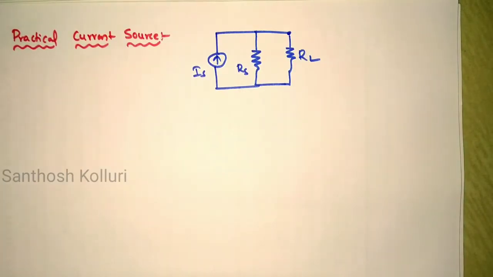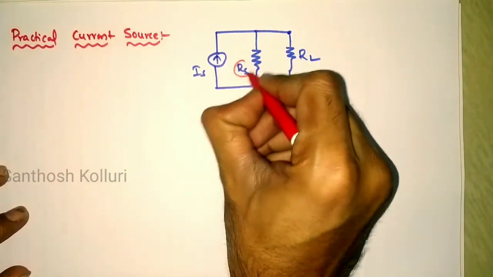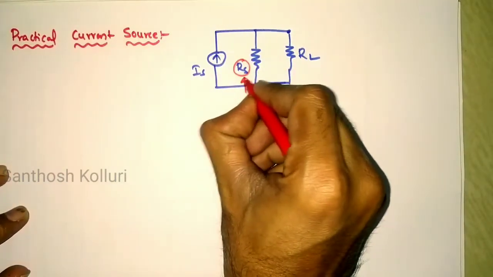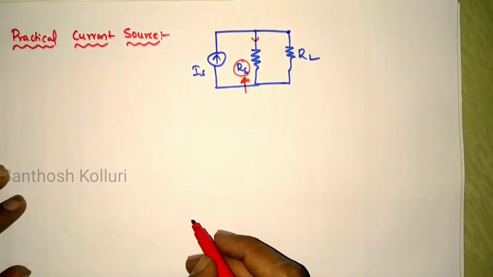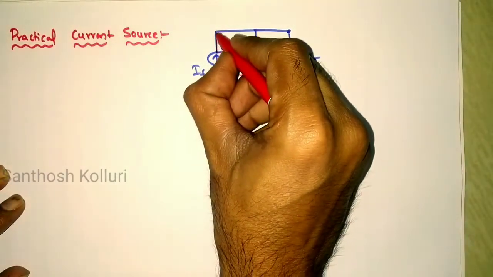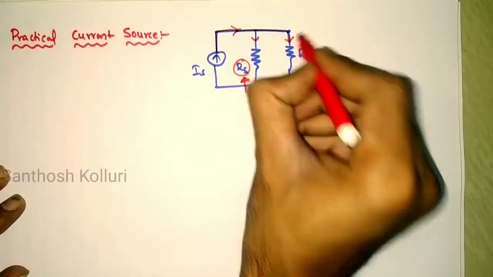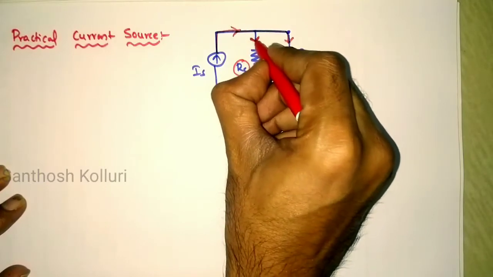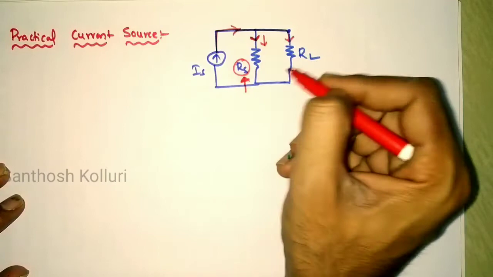One thing is very clear: if the value of RS is high, then the current will not enter this internal resistance. Whatever current is coming from the source should reach the load only. So we need to restrict the flow of current through the internal resistance.